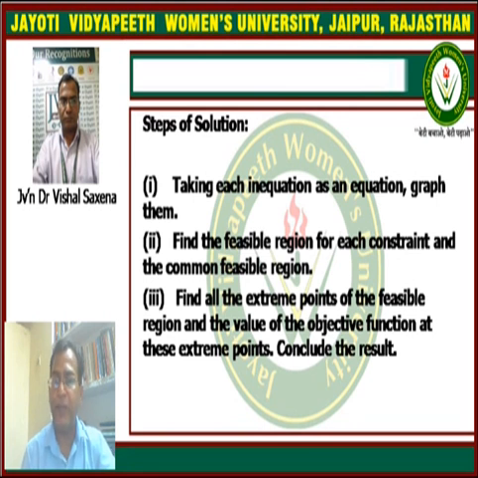After this we find the extreme points of the feasible region, then the value of the objective function at these extreme points, and the point where the maximum value lies is the solution of the problem.